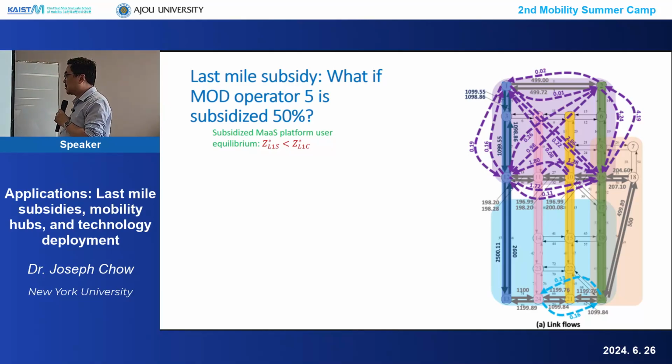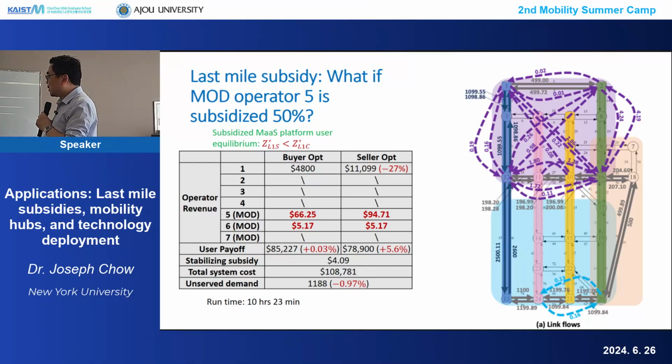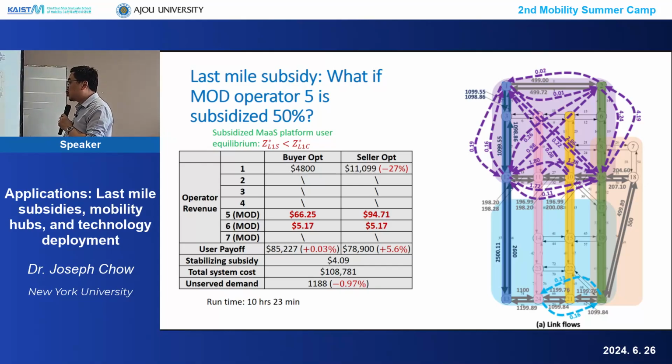The ZL1S is our best solution, and in this case, the range of the revenue for operator 1 stays the same at the buyer optimal level, but goes down at the suboptimal level. You see also 2 MOD operators entering the market.